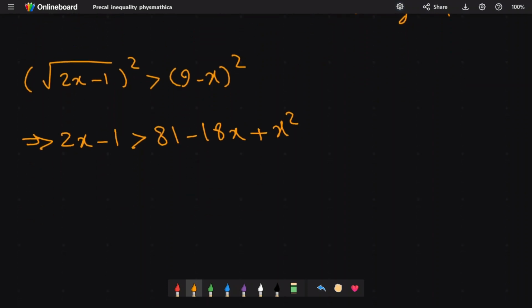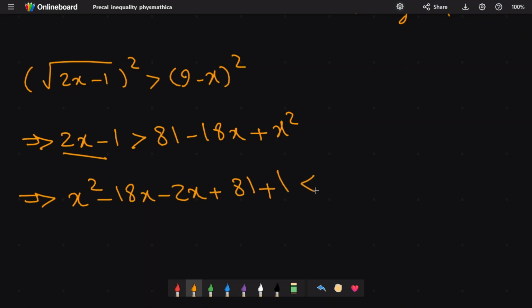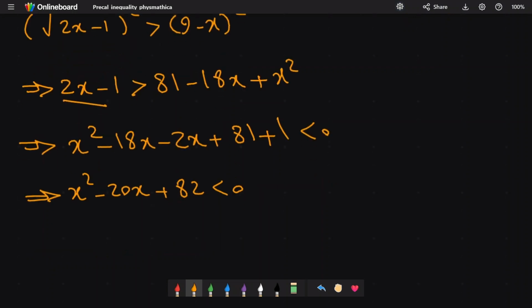And now let's make everything better by taking everything from the left hand side to the right hand side. So I'm going to have x squared minus 18x minus 2x, which changes the sign, plus 81, and the minus goes to the right hand side and changes the sign. All of this is less than 0, so x squared minus 20x plus 82 is going to be less than 0.